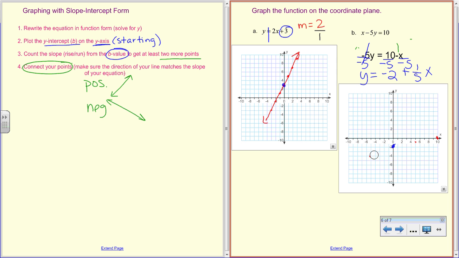I think the board is not good. And I'm going to go down 1 and back 5. And then we can draw in our line.